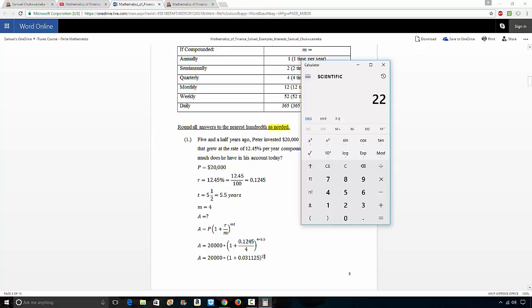That is how I got this 22. We can actually write it down on our paper, or we can just save it in memory, M plus. Okay, I save it in memory by pressing M plus. Then I will have to do the parentheses here.